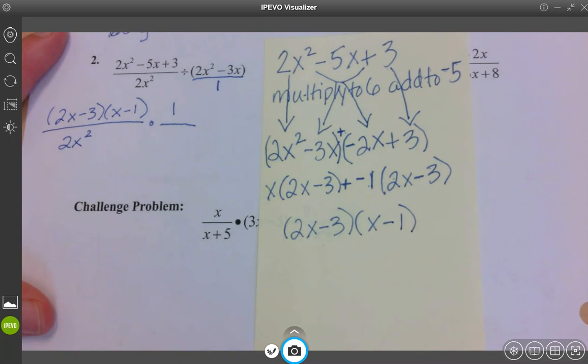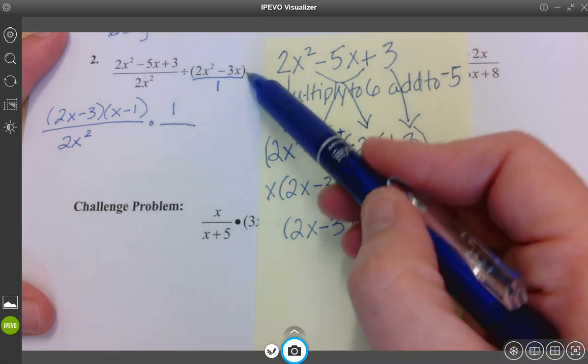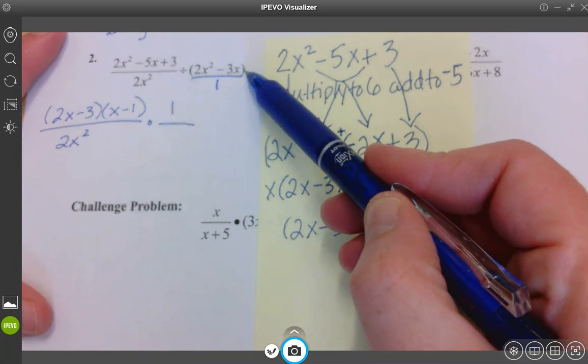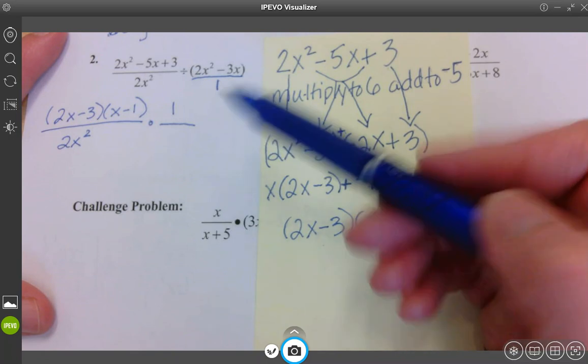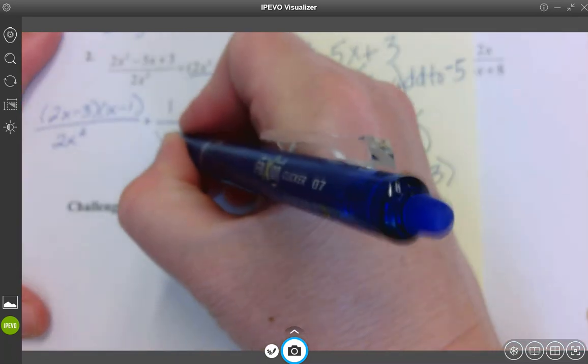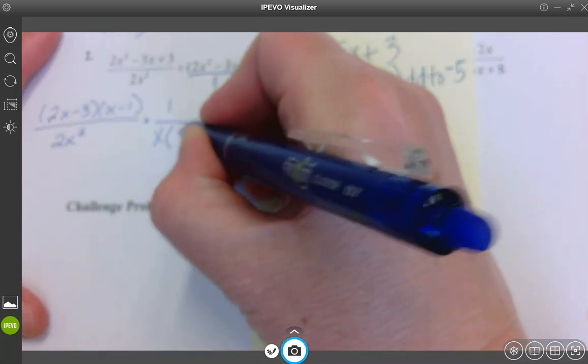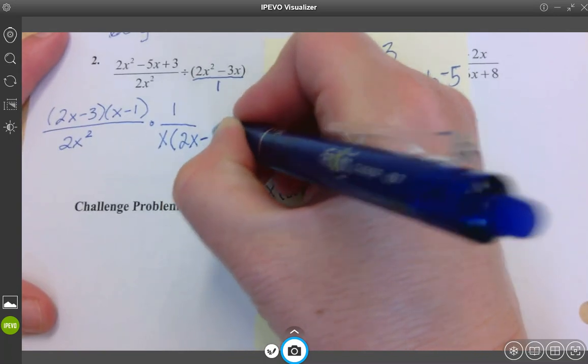I can probably factor that. What could I factor out of that? (2x squared minus 3x). What can I factor out? 1 what? 1x, yeah. So I'm going to take out 1x, and I'm left with 2x minus 3.